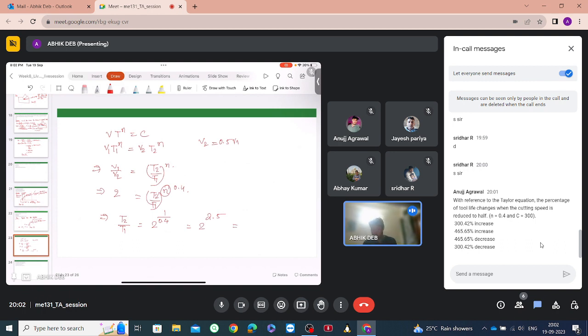So what is 2 to the power 2.5? It is 5.65. So T2 will be 5.65 times T1. So T2 minus T1, that is delta T, is 4.65 times T1. So if we take the percentage increase, it will be 465%.